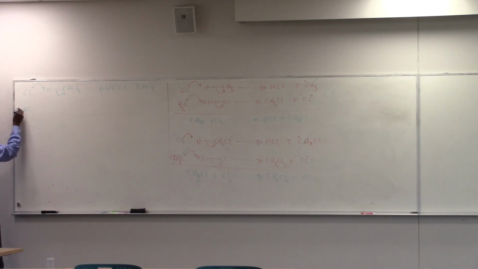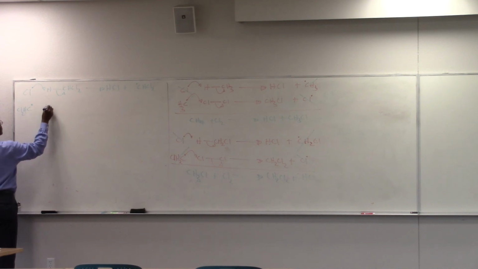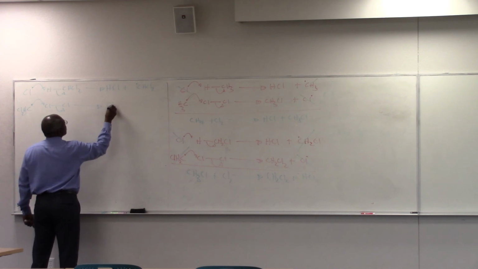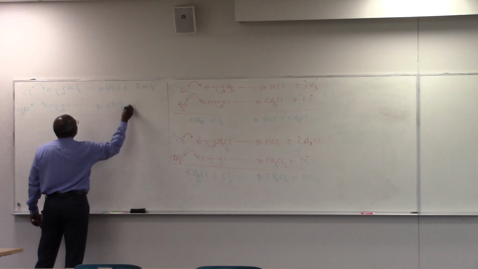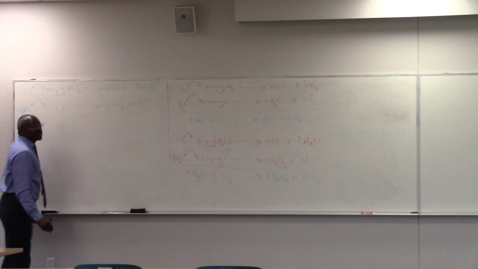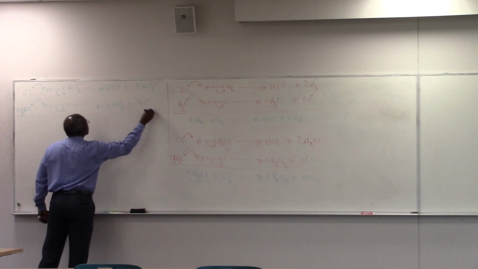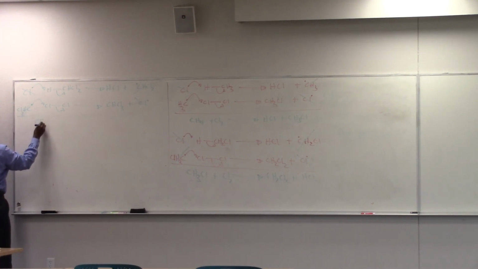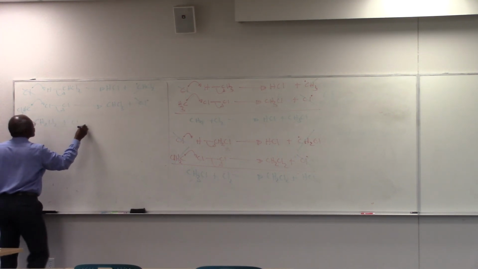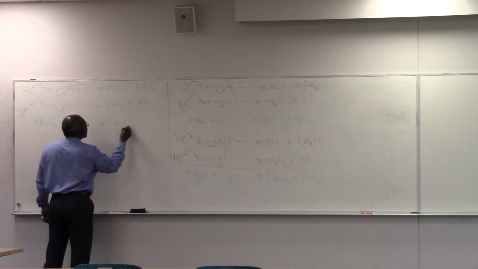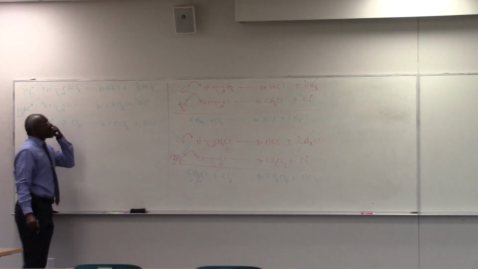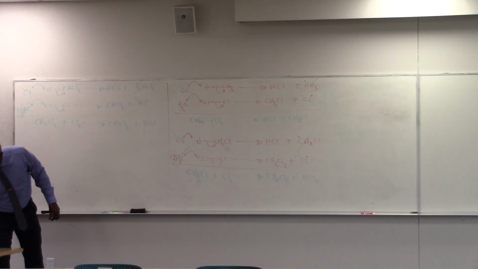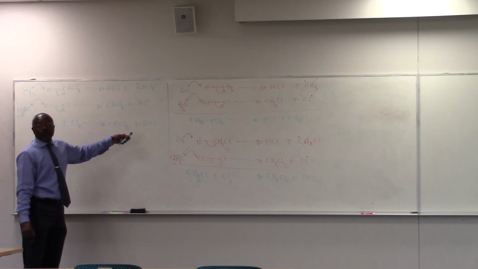Then the organic radical attacks chlorine and gives rise to the substituted organic compound and Cl dot. If I add those steps together, then CH2Cl2 plus Cl2 gives CHCl3 plus HCl. By the way, CHCl3, in addition to being called trichloromethane, is also called chloroform.